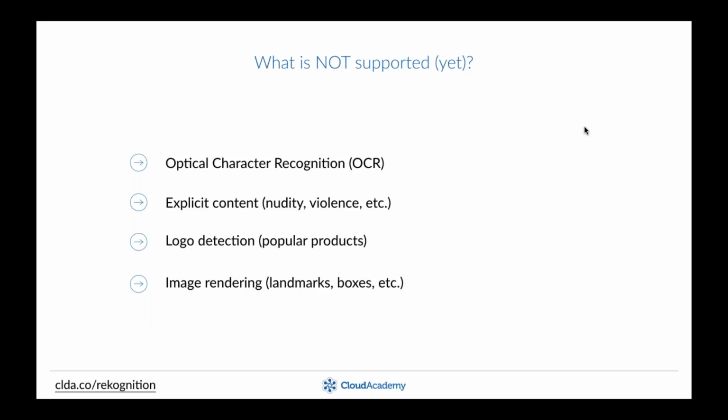Imagine if you are a social network or any other social application that does not accept such content, and you want an automated way to detect it as soon as possible and to delete it or even just not accept it. This is not supported. In a way, you could do it with object and labels detection, although I haven't really played with it that much to tell you if you can actually do violence detection. You probably can't.